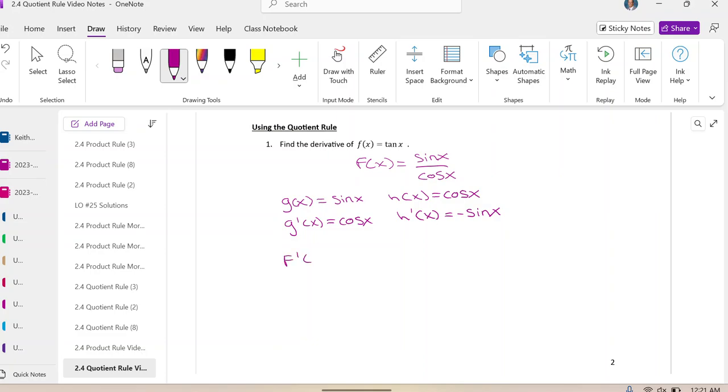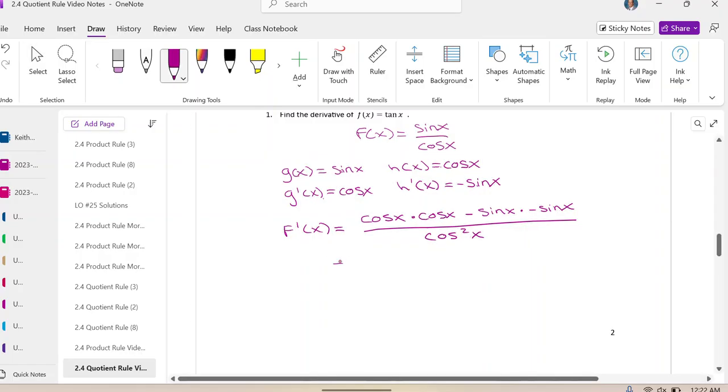So when we take the derivative here, we get sine x times negative, we get cosine x, right, because we go denominator times derivative of numerator: cosine x times cosine x, minus sine x times negative sine x, all over the cosine x squared.